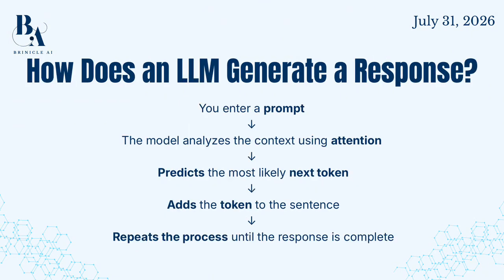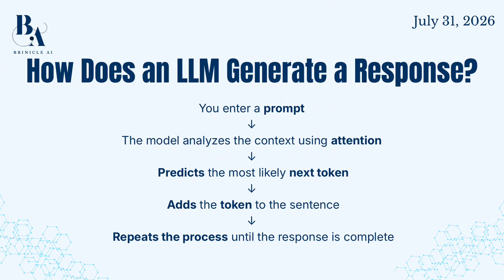How does an LLM generate a response? Many people think chatbots write an entire paragraph in one step, but that's not how it works. It generates text one token at a time. After you type a prompt, the model analyzes the context using its learned parameters and attention mechanism.